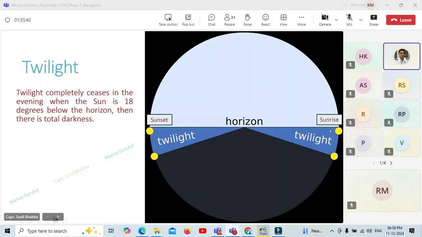Now, in the evening, when the sun sets, till the time the sun is there in the sky, we receive the sunlight. After the sun has set, we do not have any sunlight. What we receive now is the twilight. The twilight is available to us till the time the sun goes 18 degrees below our horizon.